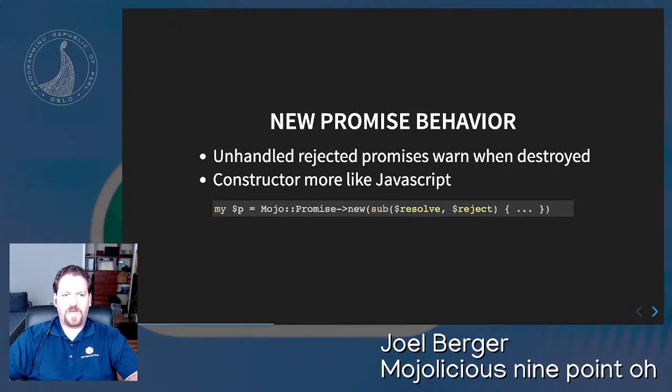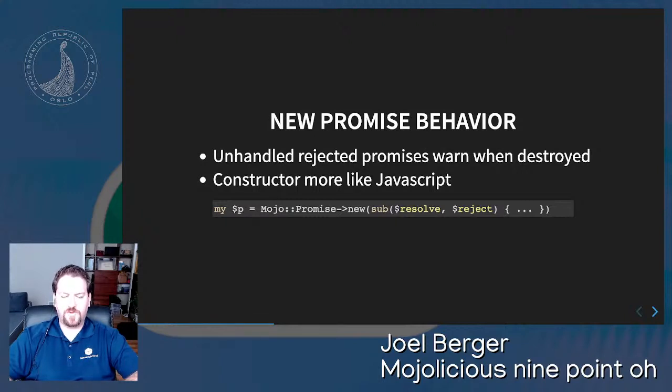Some new promise behaviors. Unhandled rejected promises warn when the promise object is destroyed. This is a lot like you see in the browser. And it really helps you when something is going wrong. A thing that can often happen with promises is your errors are sort of swallowed, and if you don't know where the problem is, you don't know where to attach error handling.